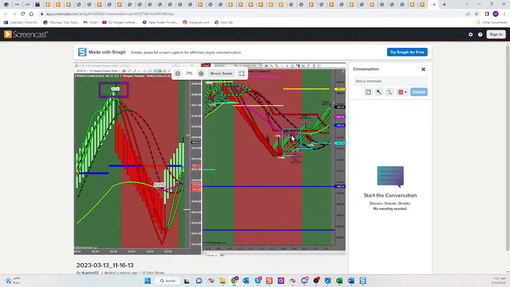Claire, same thing, 50-50. Let me see what we have here. You went long on a 50-50 from a weak top. Aggressive. Claire, definitely aggressive. You're fighting a truckload of momentum.